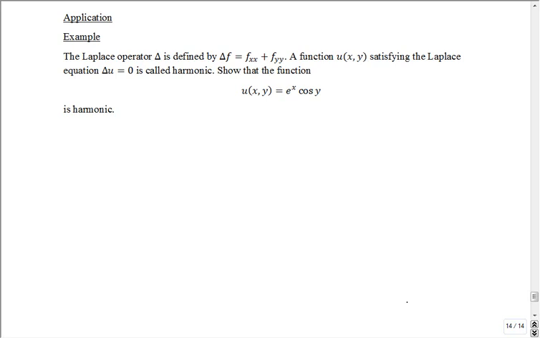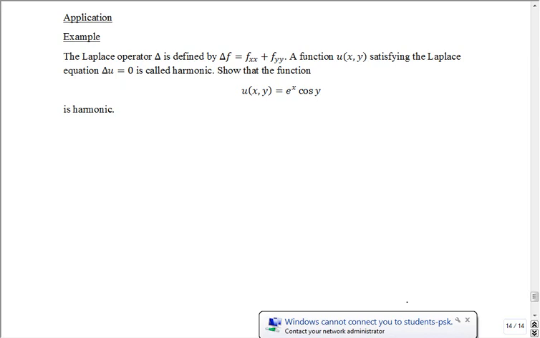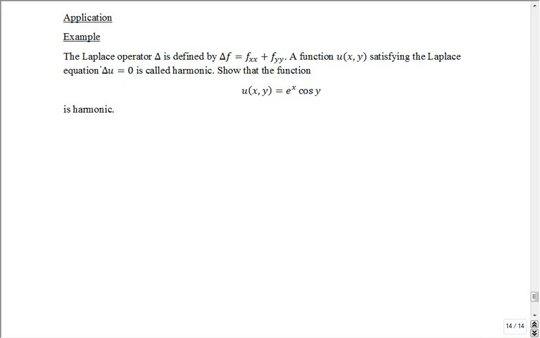A function u of xy satisfying the Laplace equation, Laplace u or delta u equals 0, is called harmonic. Show that the function u of xy equals e to the x cosine y is harmonic.